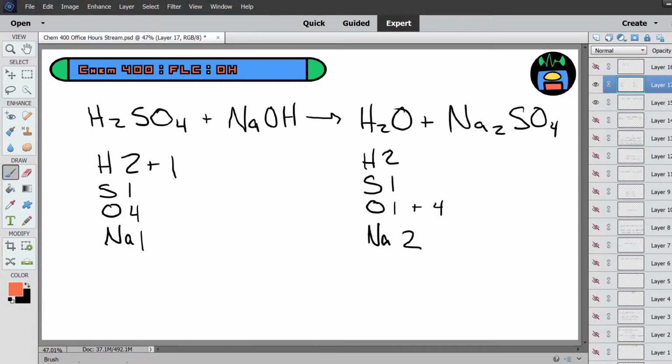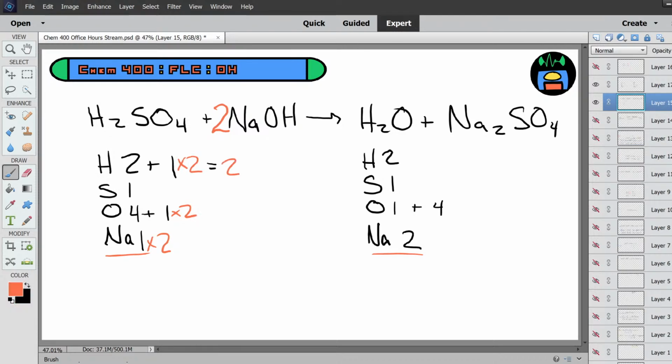Most straightforward. And one that looks fairly straightforward to balance is sodium. We have 2 sodiums on our product side, only 1 on our reactant side, so we need to multiply sodium hydroxide by 2. Oops, I messed up my oxygen over here. It's 4 from sulfuric acid plus 1 from sodium hydroxide. Now, when I multiply sodium hydroxide by 2, I increase my amount of hydrogen, oxygen, and sodium.